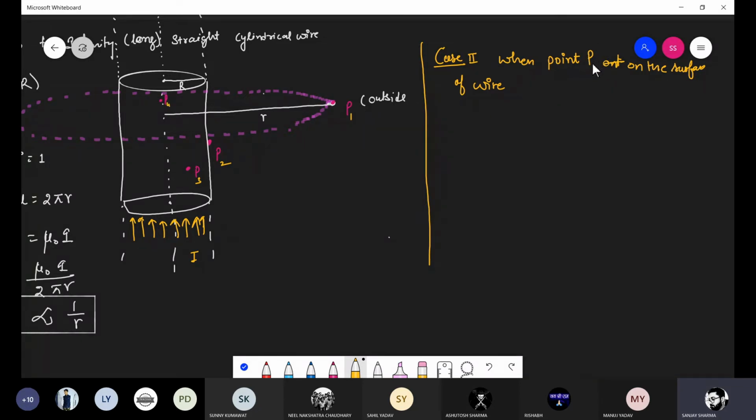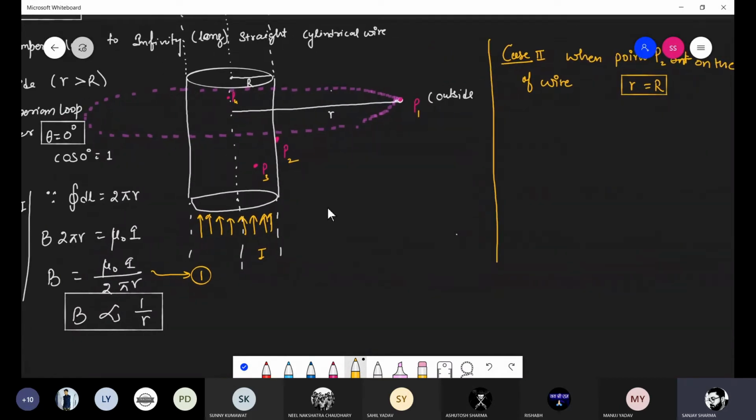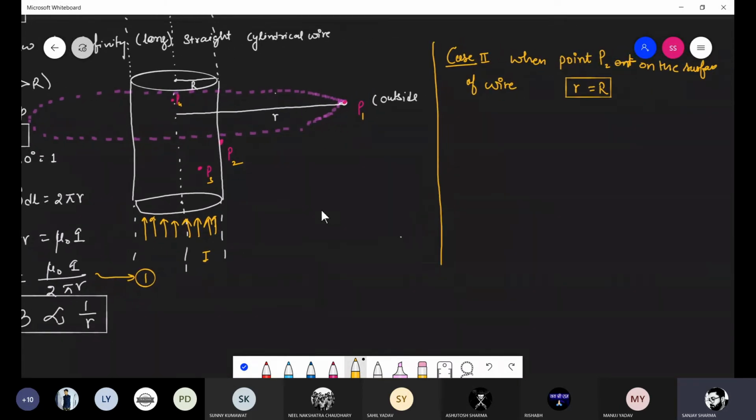I am talking about here P2 point. Fine, and at this P2 point the small r distance is equal to capital R. ठीक है, this is your first result here, that you have already completed. That is B is equal to mu naught I upon 2 pi r.